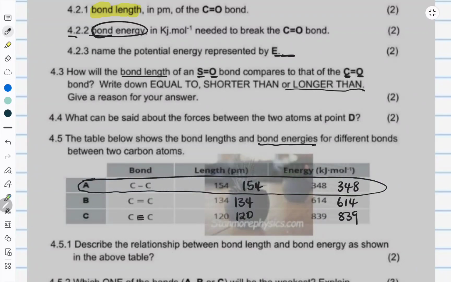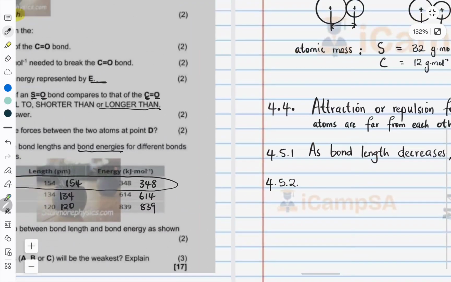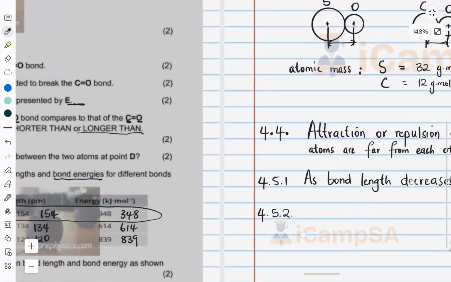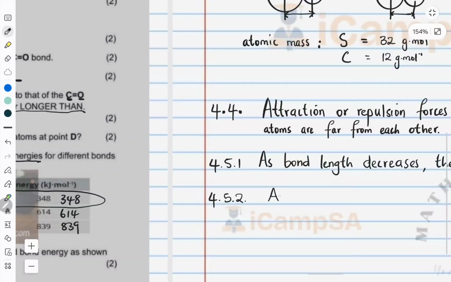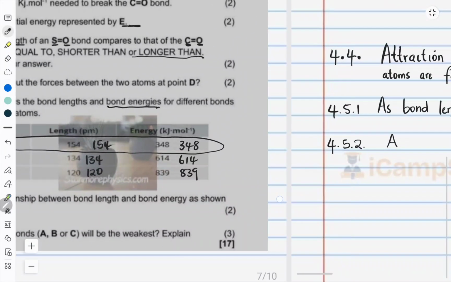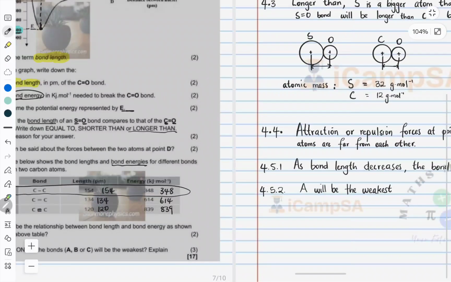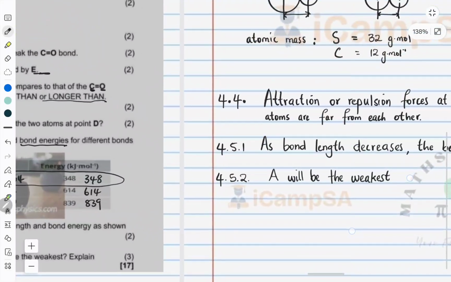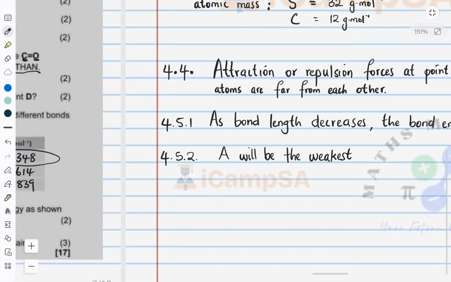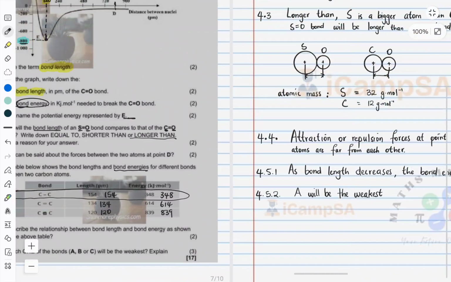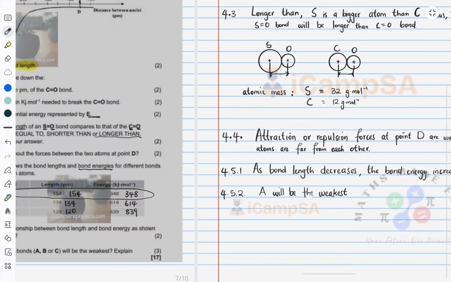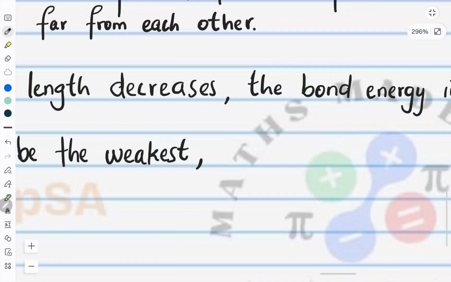So your answer here would be: A is the weakest because it has the least amount of energy needed to break its bonds. And it's also a single bond, so we can talk about bond order and also the fact that it has the lowest bond energy.